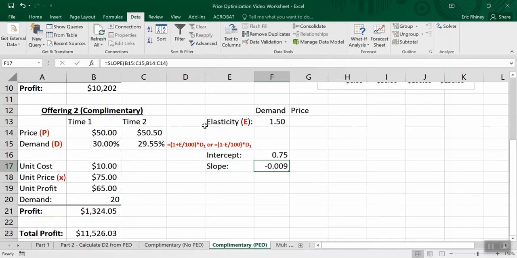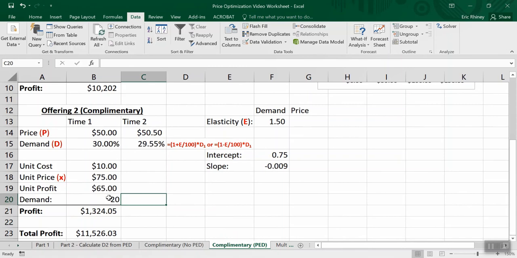Okay, so now that we've done our intercept and our slope, what we're going to do is use this to calculate our demand. Now, you have to remember that right now, this intercept and this slope are going to calculate a percent for us.